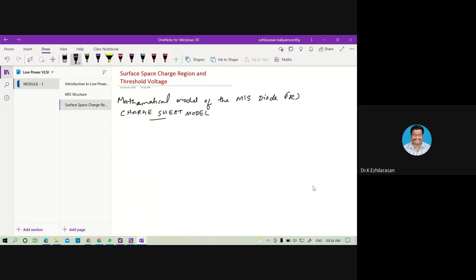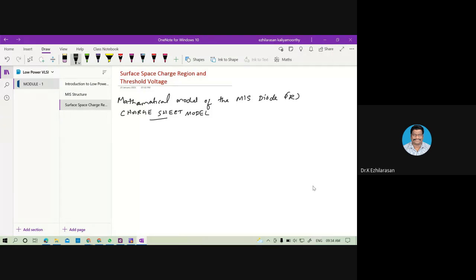Here we are going to calculate the total charge in the semiconductor. Then with the help of that we are going to calculate the ideal voltage, that is the threshold voltage. Then we are going to study another, modified threshold voltage.